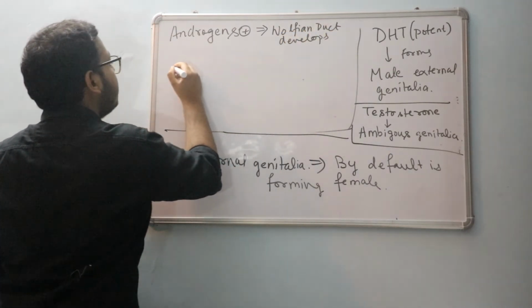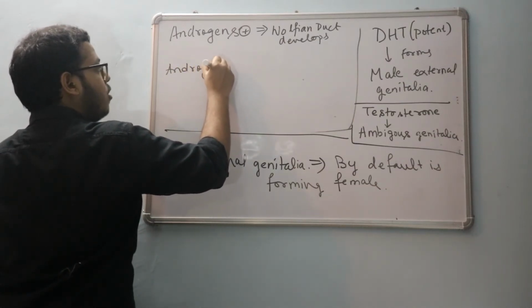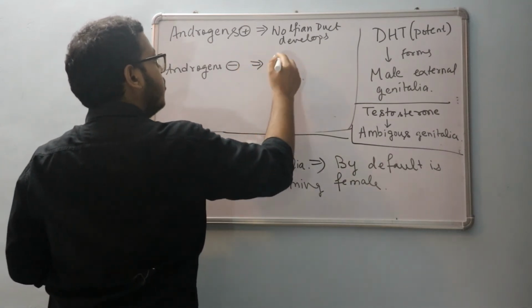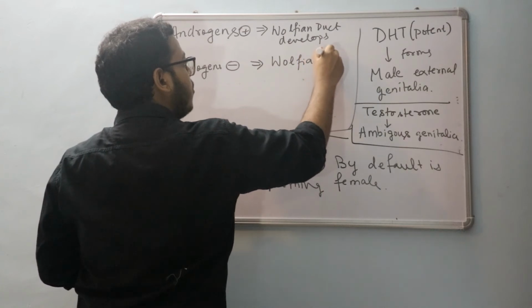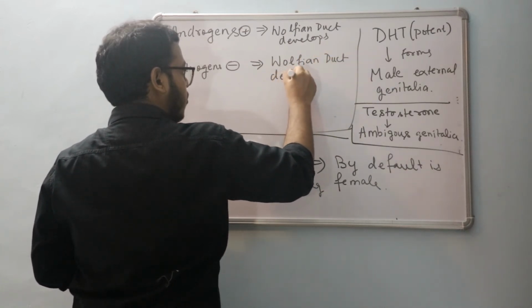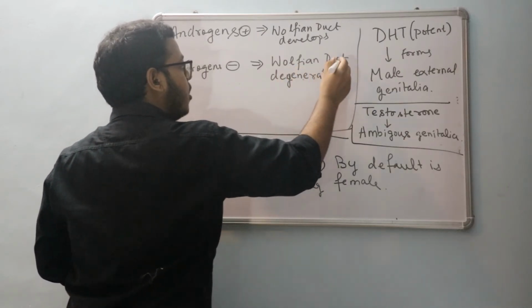If androgens are absent, the Wolffian duct degenerates.